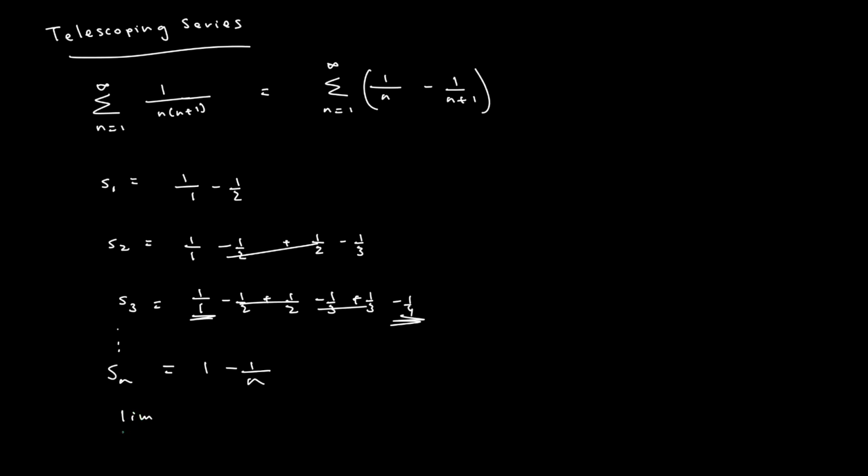That's what convergence means: what will the sum be as we have infinitely many terms? That's the same as the limit as n tends towards infinity of 1 minus 1 over n. This term will go to 0, and so our sum will converge to 1.